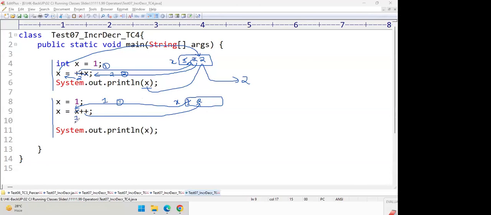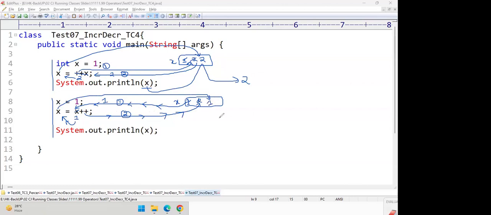Third step, return that original value. What is going in the third step? 1. Where? Same variable. The existing value 2 is replaced with 1.